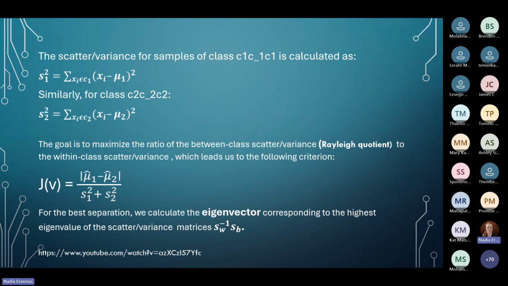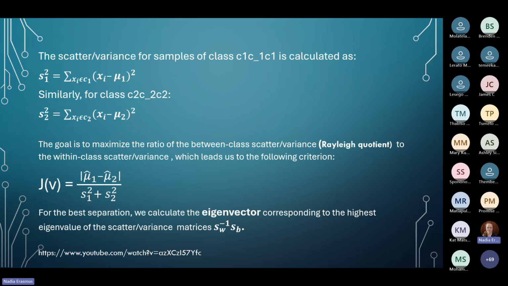This is important. I'm going to show you guys how we're going to do that. Then we're going to get the new projected mean, and we're going to get the absolute value. The absolute value is important. We want a positive value. And we're going to divide it by the variance.